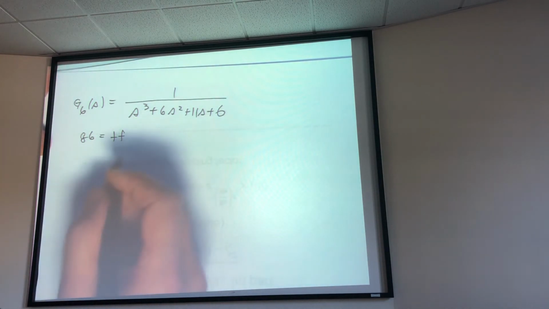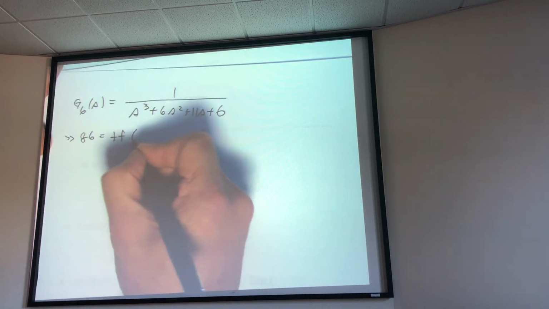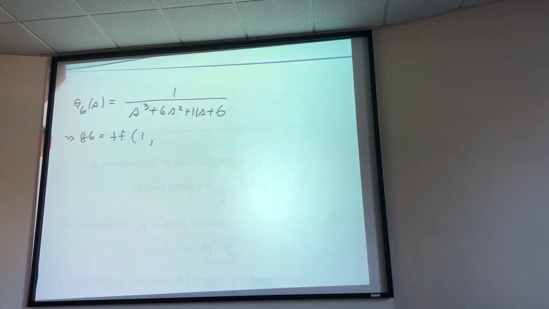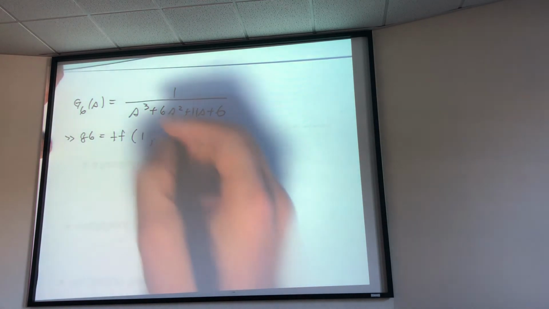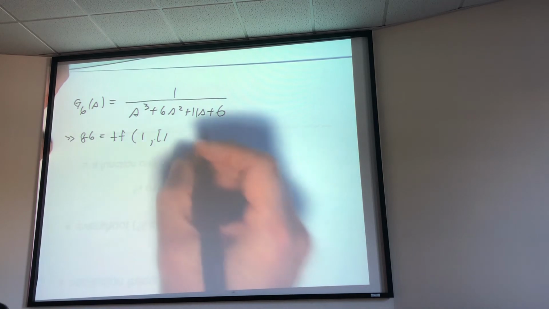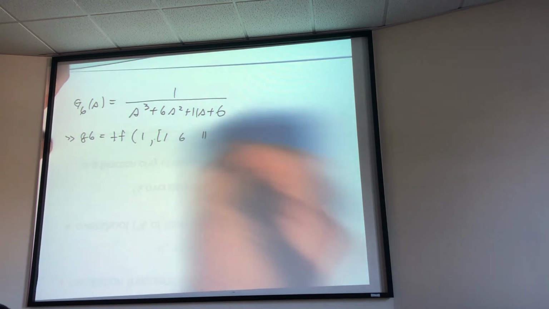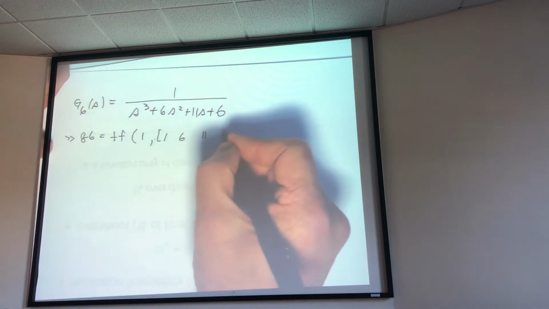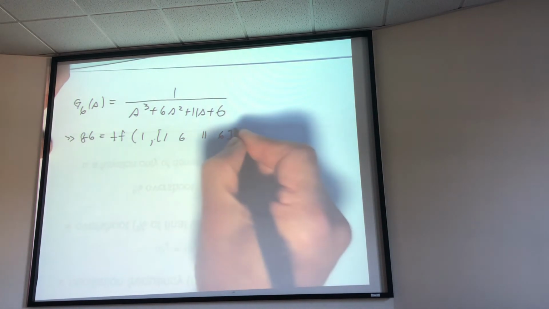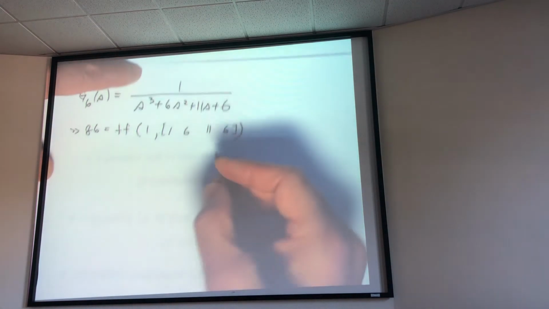In MATLAB, I would say G6 is a transfer function. Numerator is 1. Denominator is s cubed, 6s squared, 11s plus 6. Close it like that. Execute rlocus.